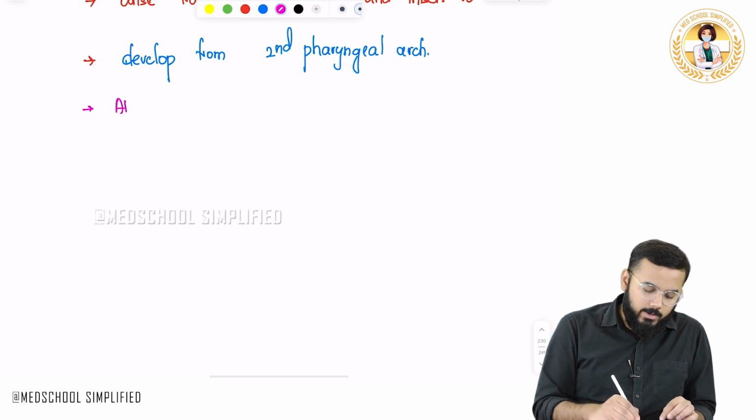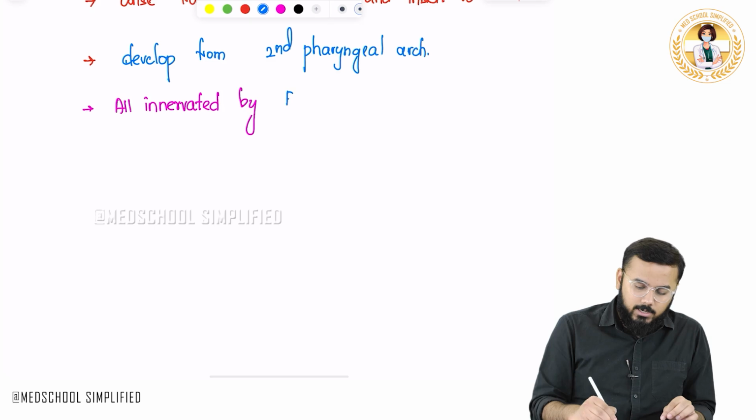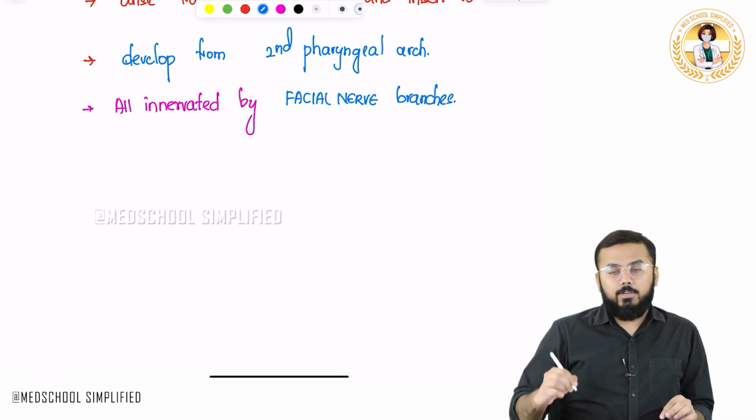So all are innervated by the facial nerve branches.